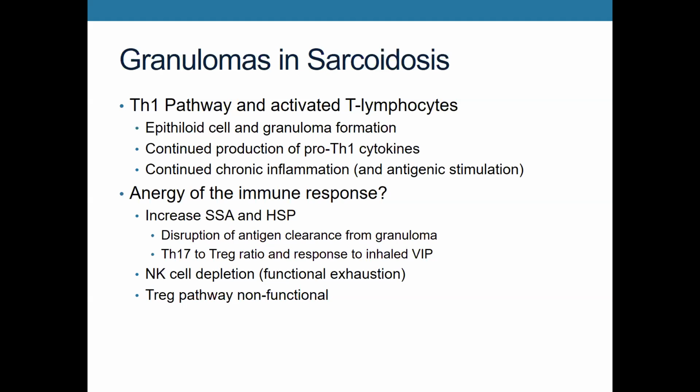There's also been shown that in some patients with specific phenotypes and populations, the Th17 to Treg ratio plays a role in the continued inflammation and further progression of sarcoidosis. With that, there's been further evidence that inhaled VIP has the ability to increase the activity of T regulatory cells with decreasing activity in other T cells.